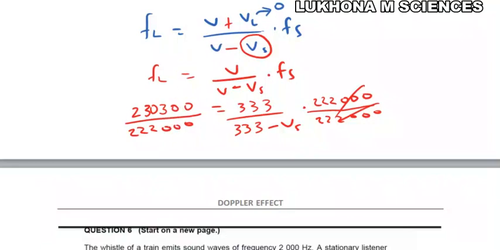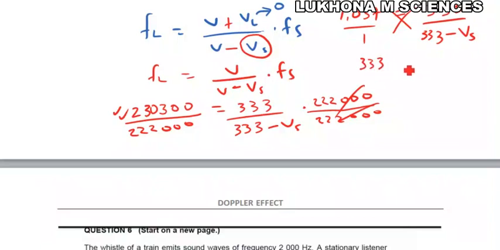So the answer here is 1,037, which is equal to 333 over 333 minus Vs. Then I cross multiply. I have 1 here, then I cross multiply. 1 times 333, so the answer is 333.